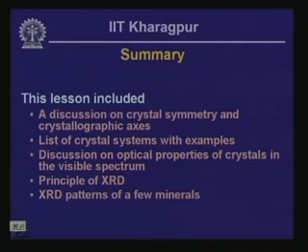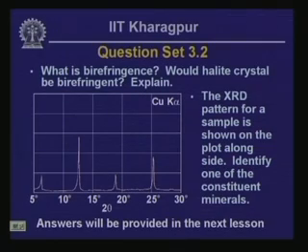We also considered the principles of X-ray diffraction, and we examined different XRD patterns of minerals. By comparing a particular mineral with standard XRD patterns, you could identify minerals, as we are going to see in one of the questions that I am going to give you as part of this lesson.